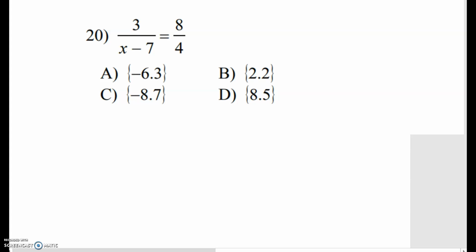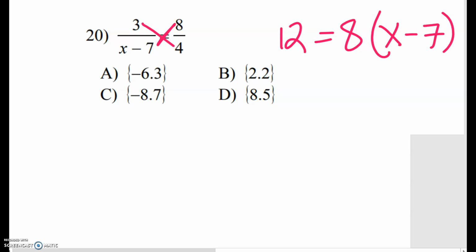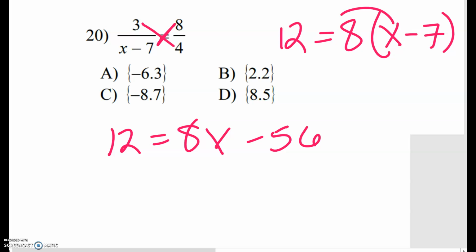So first, let's just do the easy part. 3 times 4, that's easy, that's 12. Now, we have to make sure that that 8 multiplies with the x and the 7. So we're going to put it in parentheses. So when I distribute that 8, I get 8x minus 56. Right? Now, going back to what we talked about, when we have our variable, we keep what's close to the variable and we get rid of what's far from the variable.